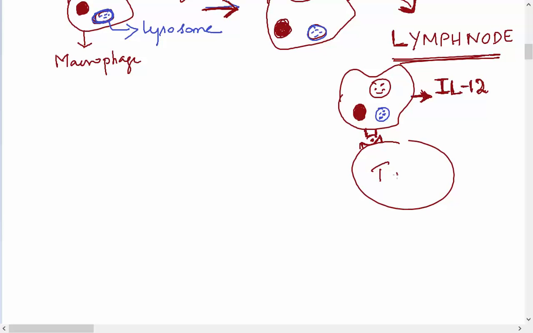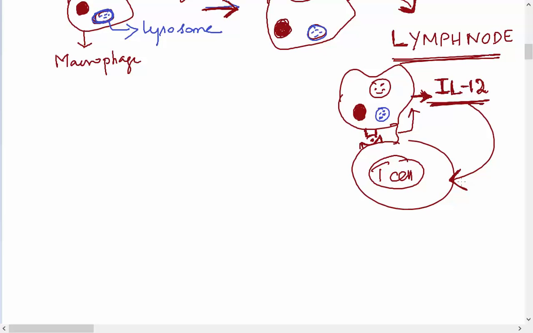This is the T cell. Inshallah, if I'm teaching immunology, I'll talk about this process in detail. Now you understand, because otherwise you will not understand the process. So the macrophage releases IL-12. This IL-12 will come and activate them.